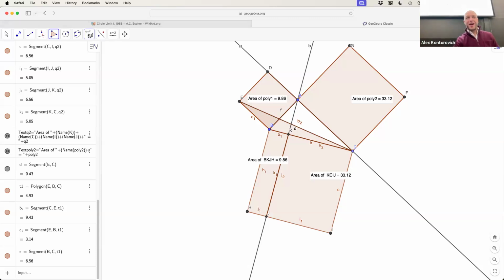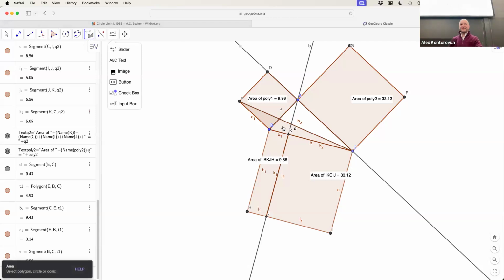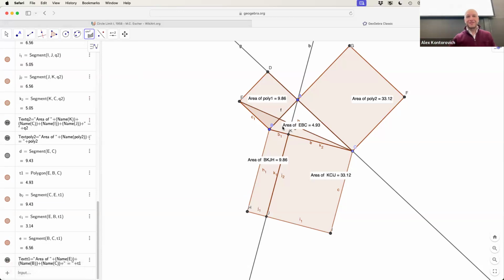Okay, so when I ask for the area of this triangle, what do you think I'm going to get? A little less than 5, 4.93. You double 4.93, you get 9.86.